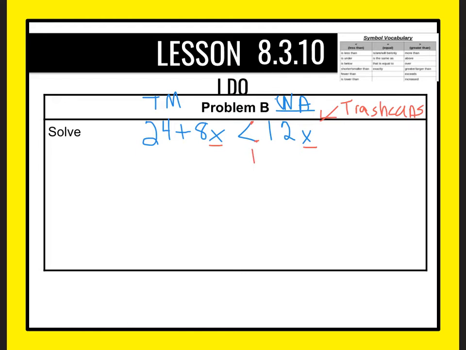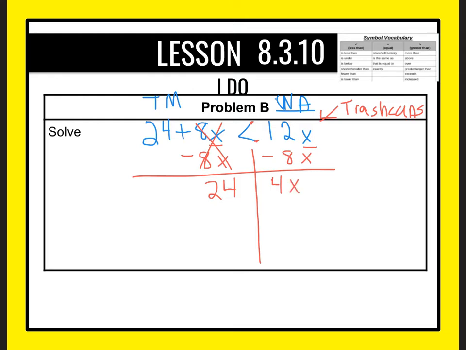Okay, let's solve this normally like we do equations. Remember, I want to move all my variables to one side. So I'm going to go ahead and start off by doing that. Move my variables over. That's going to leave me with 24. 12 take away 8 is the coefficients. I'm subtracting that, and I'm left with 4x.